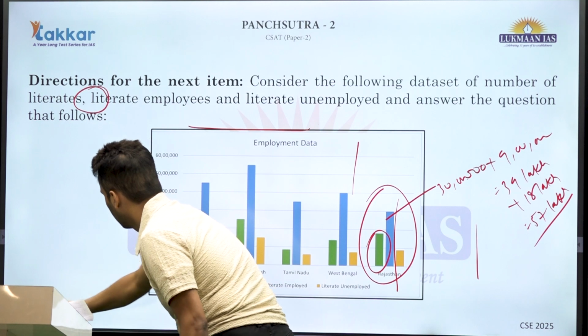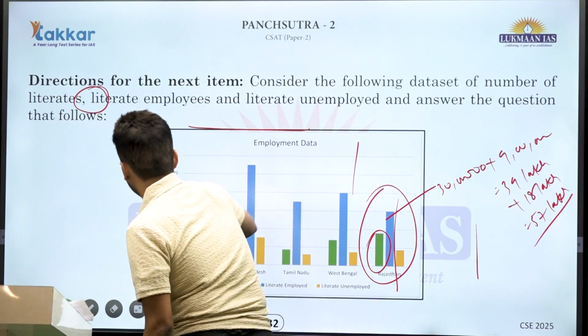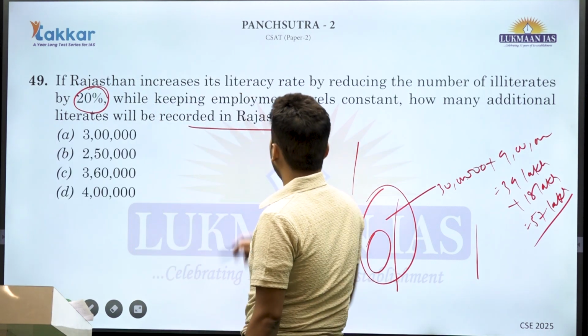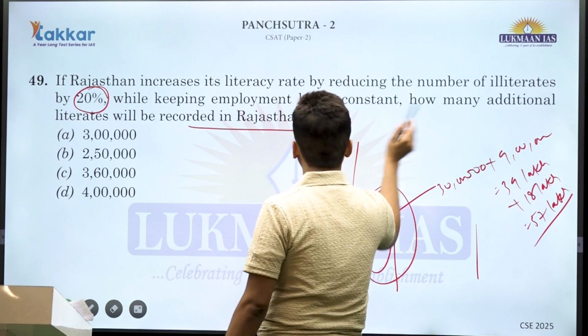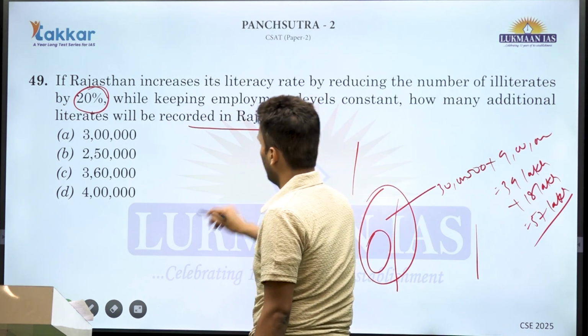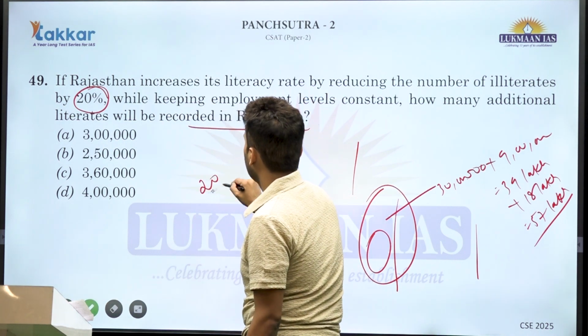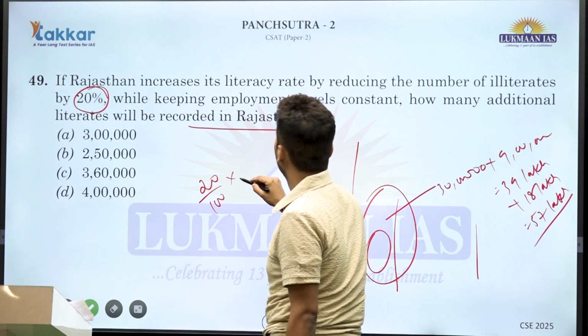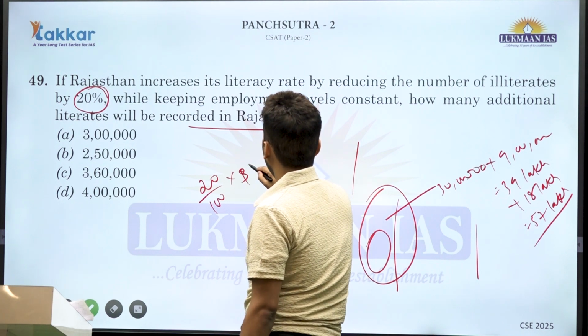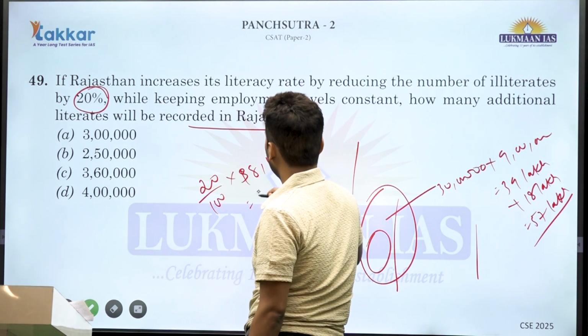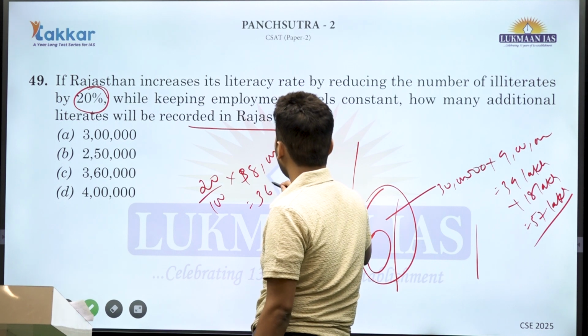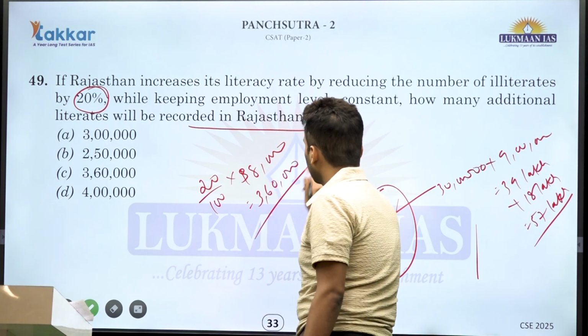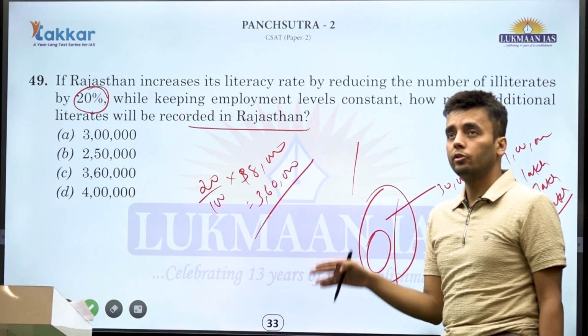What's the question? 20% of the illiterates are reduced. Take 20 by 100 into 18 lakh. That will be 1/5 of 18 lakh, which is 3,60,000. Now 3,60,000 illiterates are converted into literates.